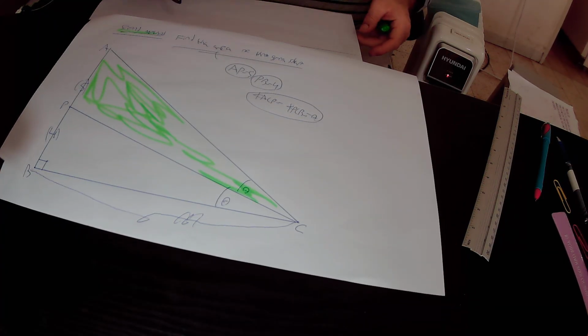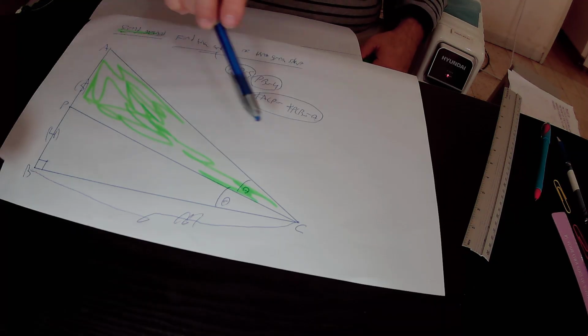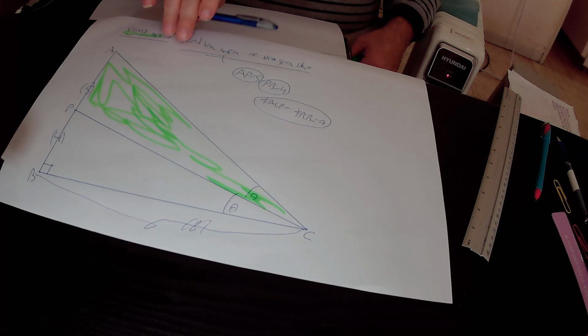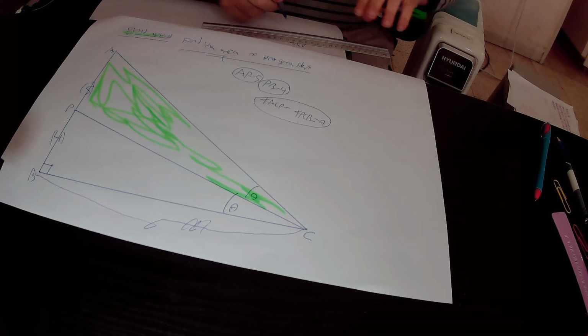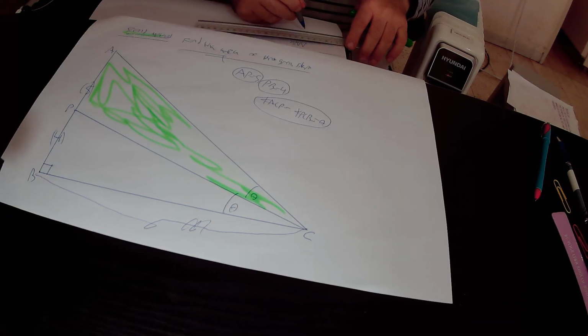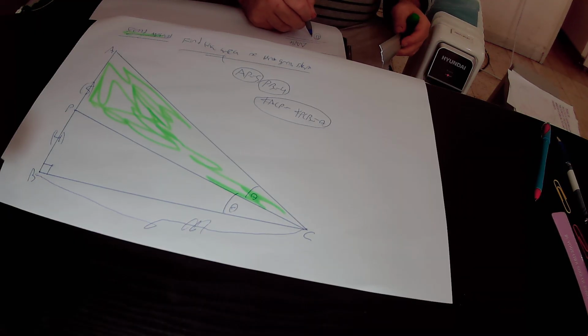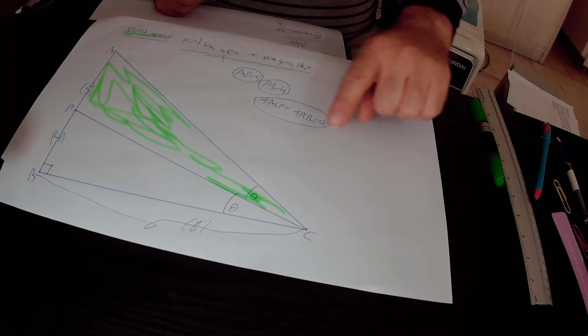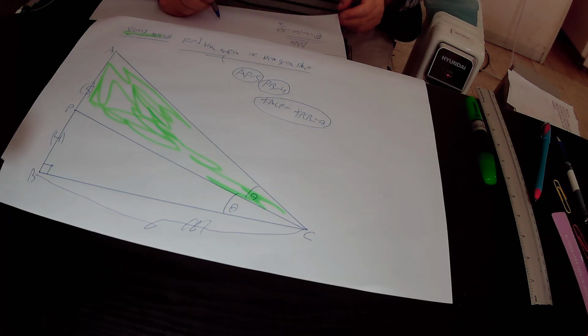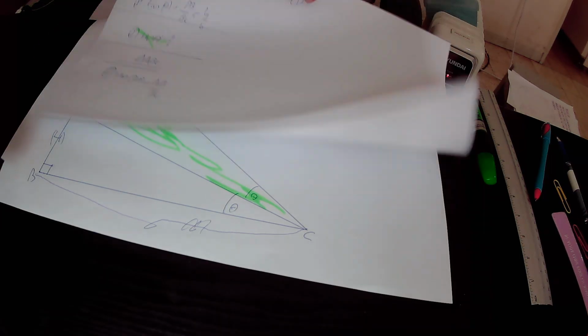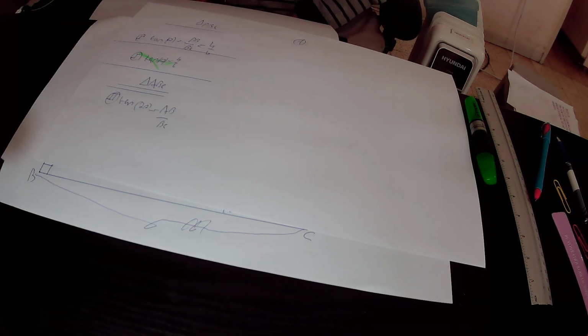In the next step, we focus on the big right triangle ABC. It's very easy to say that tangent 2 theta equals AB over BC.